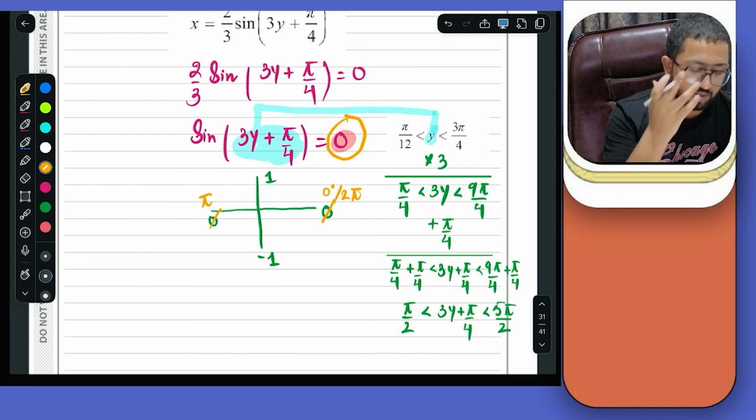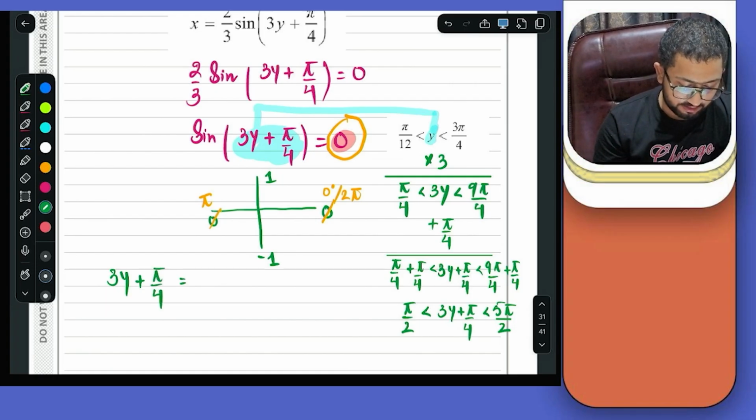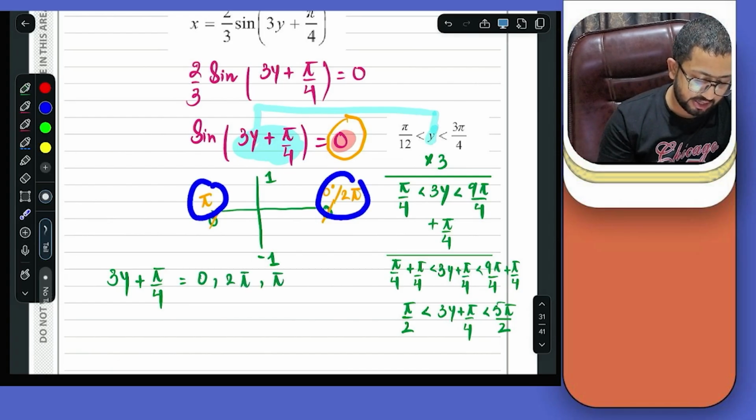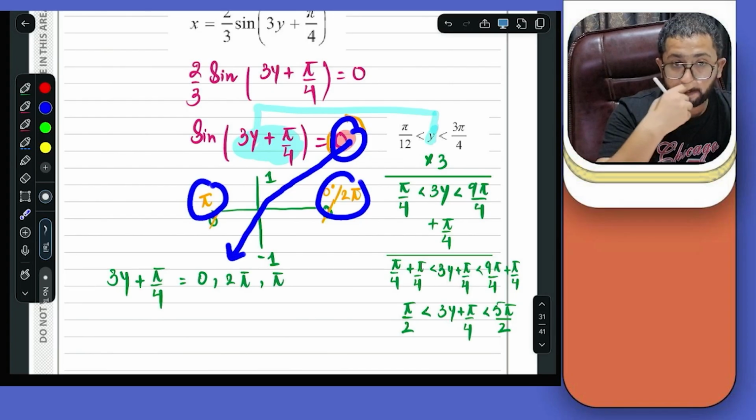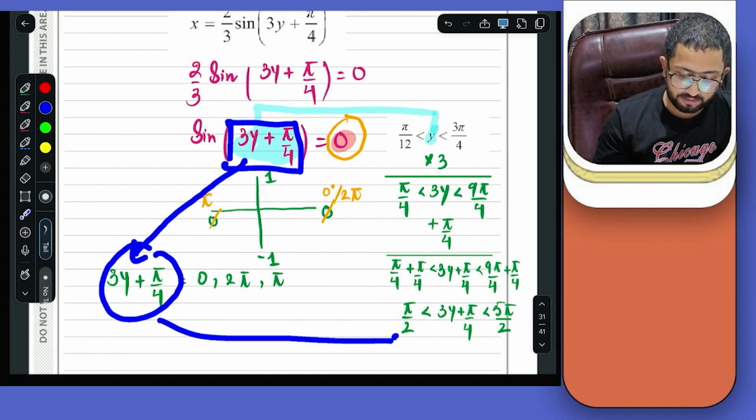The right side is 0, so the solutions are 0, pi and 2 pi, because at these angles you get 0. That is not the answer for y, that is the answer for this angle. I already told you.